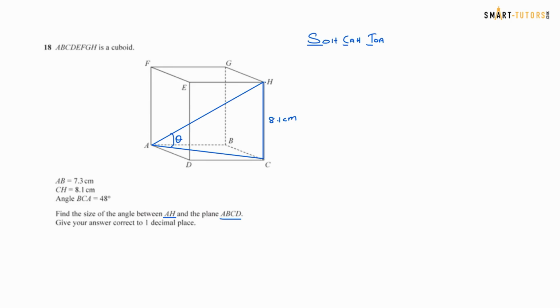So to use this rule, you need two sides. So 8.1 centimeter is one of the sides and I need the AC or AH. So the information given here, AB is 7.3. So that's AB. So let me draw.